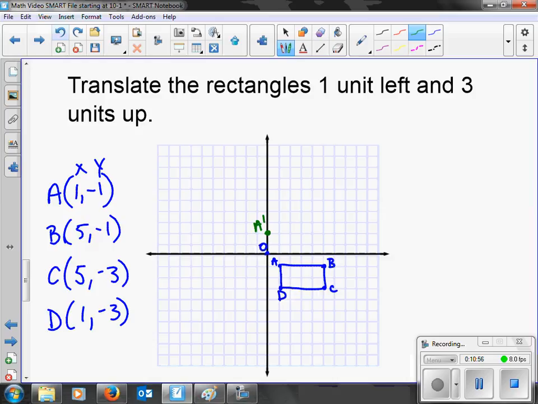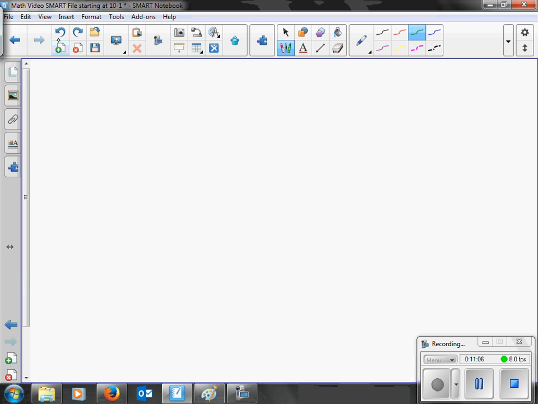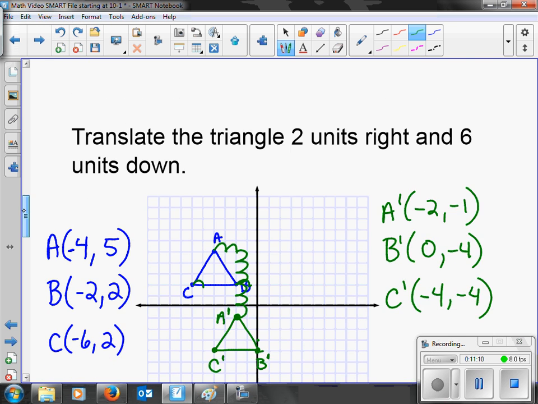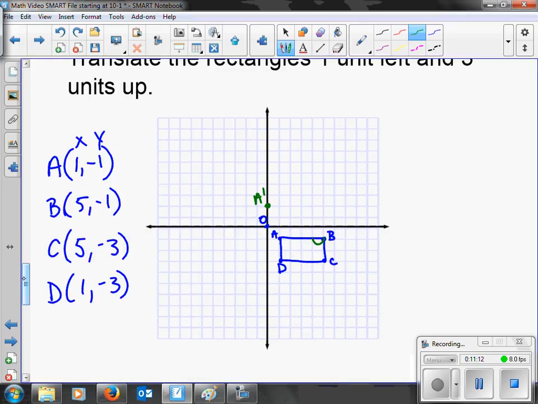B, you go to the left 1, and then up 3. 1, 2, 3. There we go. So this is B prime.